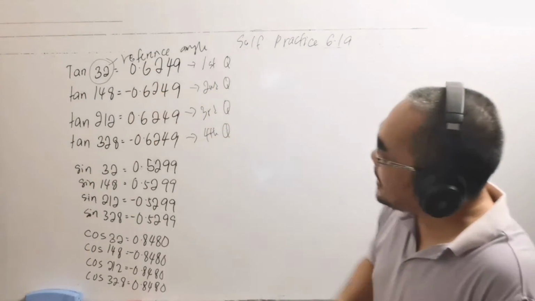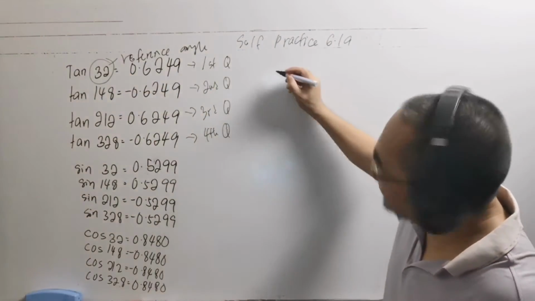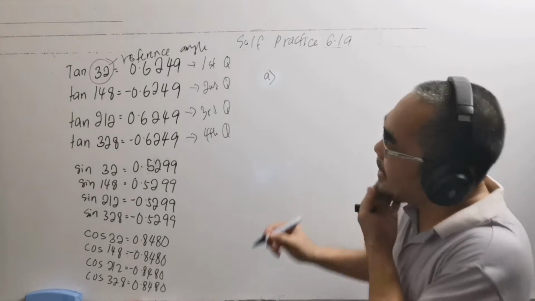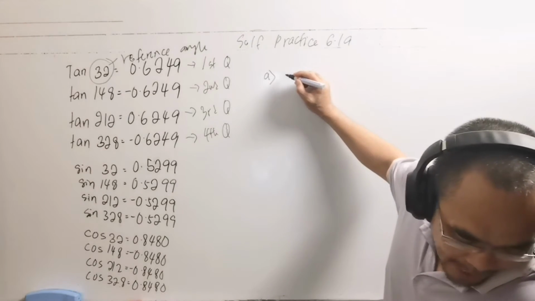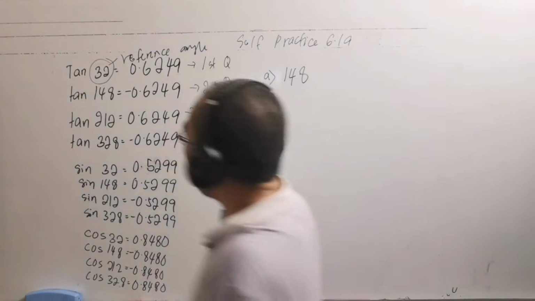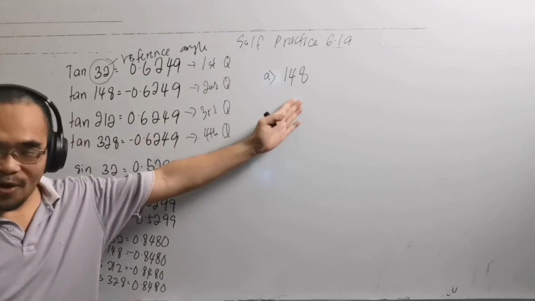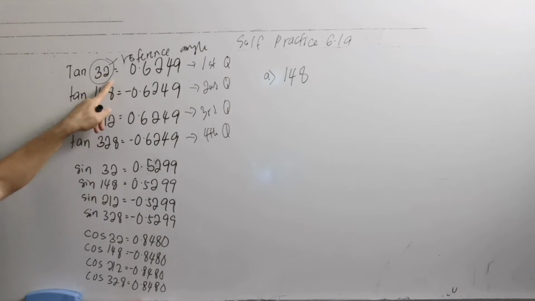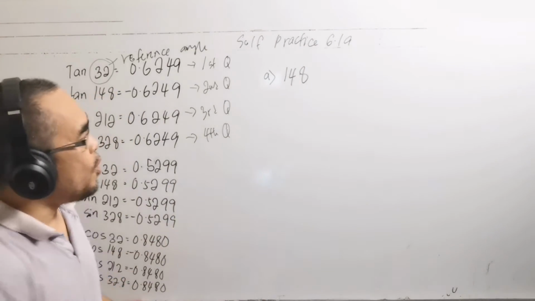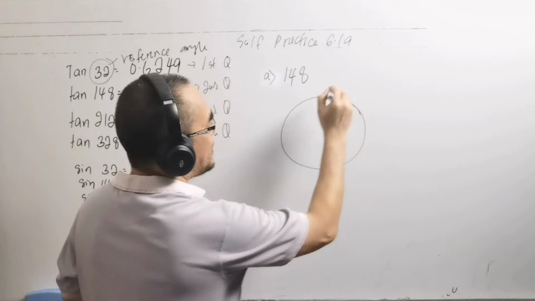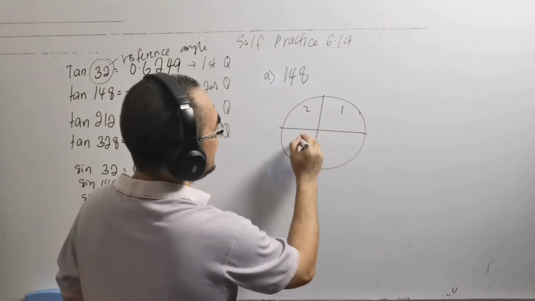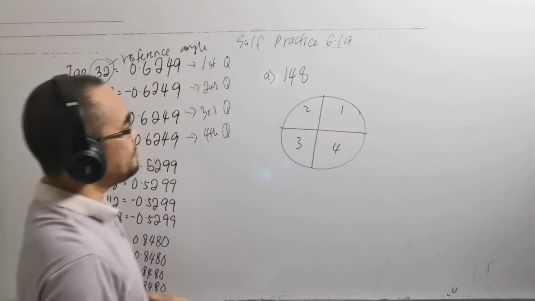For example, if I ask what is the reference angle for 148? It is 32. So how am I going to get it? For your info, we have four quadrants: first, second, third, and fourth.